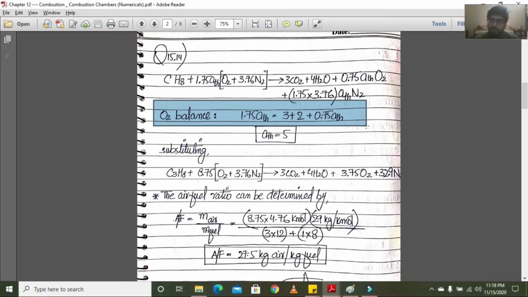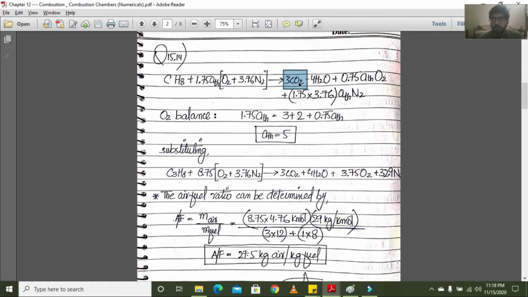Here I'm just going to solve it with the balancing of the oxygen molecule. Now you can see that I have 1.75 ATH moles of oxygen on the left side, so I have written down 1.75 ATH. Whereas on the right side you can see I have 3 moles of oxygen molecules.